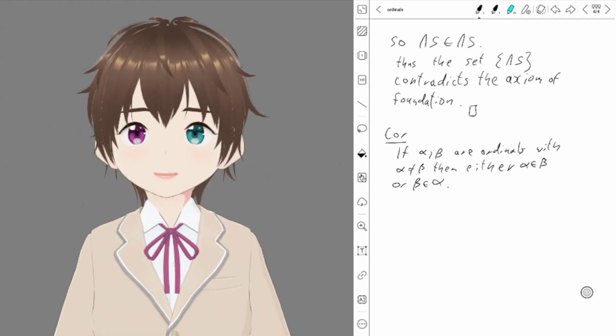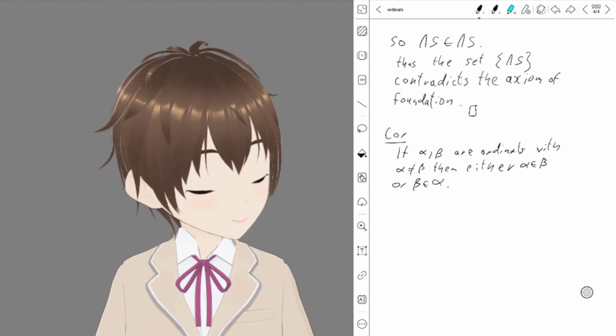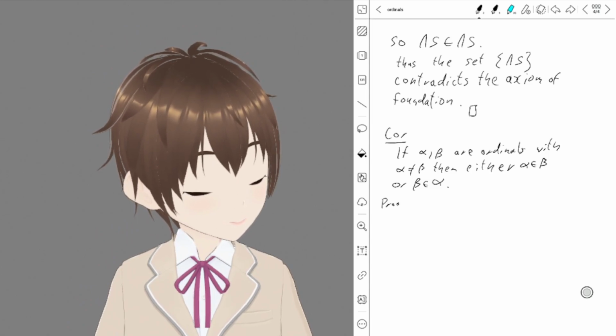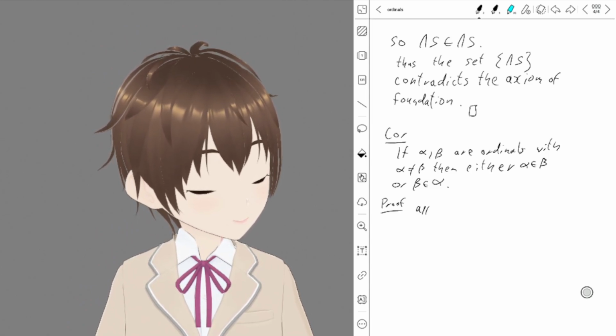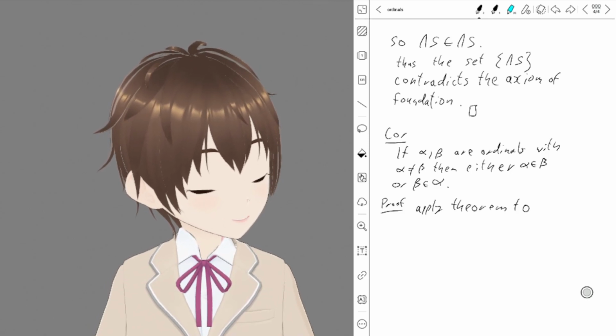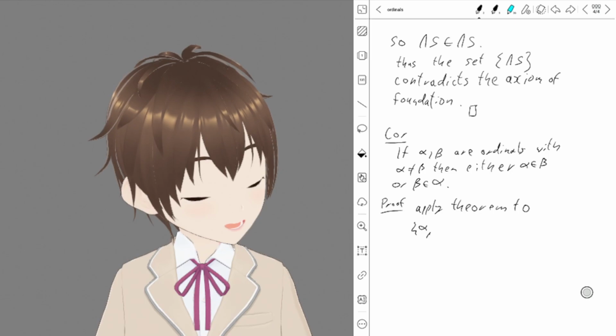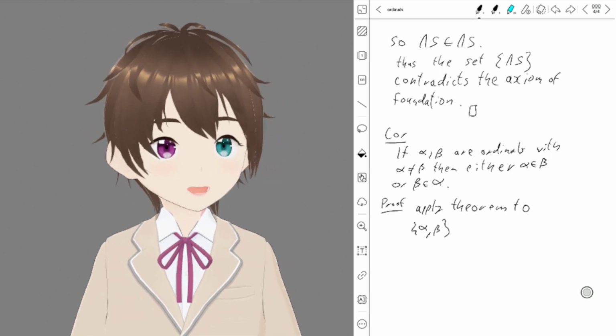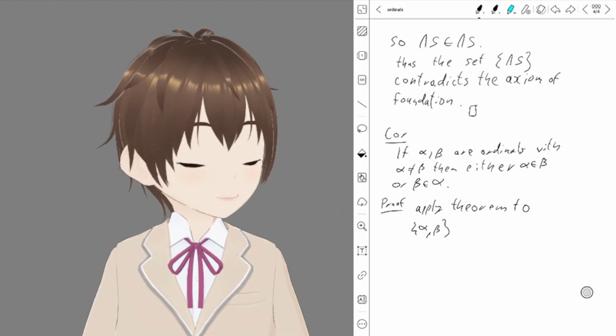This follows from the previous theorem using the following set. Proof: apply the theorem to the set {alpha, beta}. This is a set by the axiom of pairing. It's a set of ordinals because we just defined these to be ordinals, which means it contains its intersection.